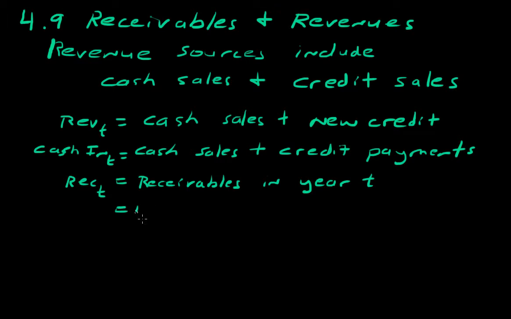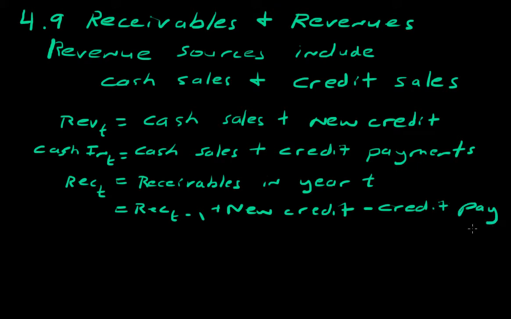Formulaically, receivables at the end of T equals the balance from the prior period plus any new credit that we have extended to our customers. Then we can subtract out our credit payments, abbreviated as pay.